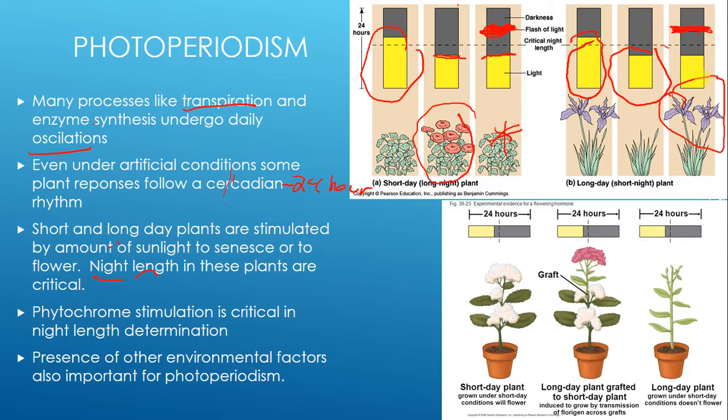Phytochrome stimulation is also important in combination with other environmental factors. Sometimes not only will night or day length matter by itself, but also exposure to cold or warmth. So one way to trick flowers into blooming, besides doing this light trick, is to expose them to colder temperatures.